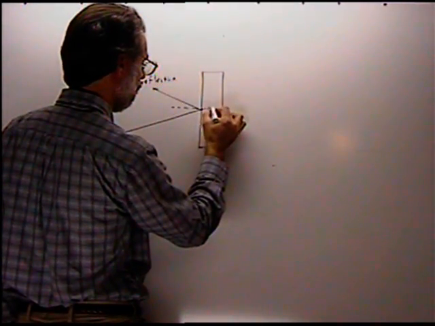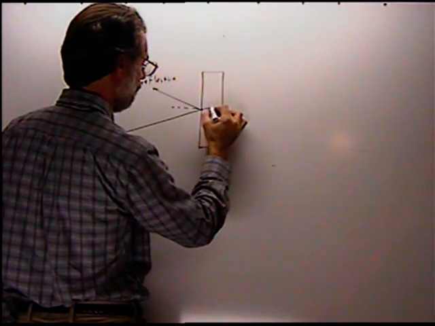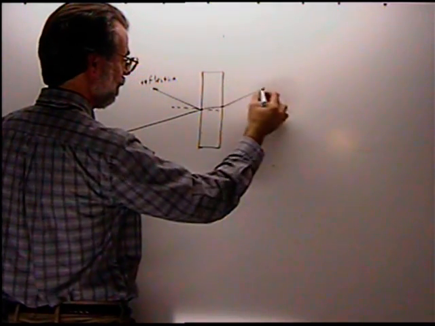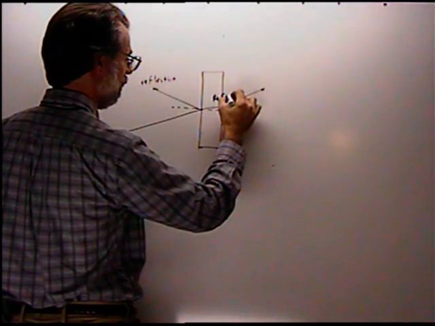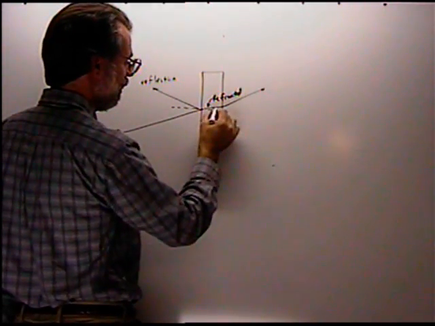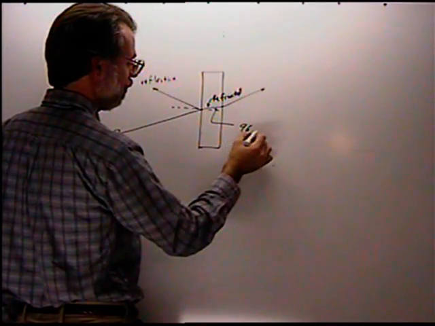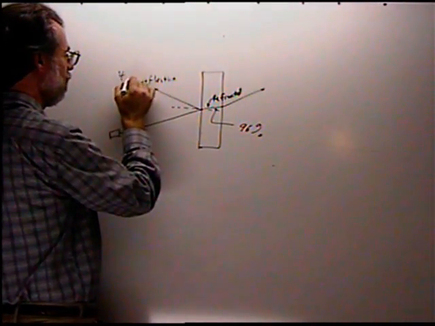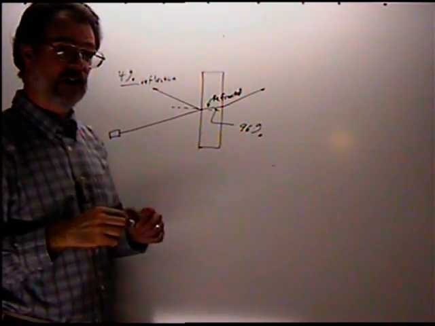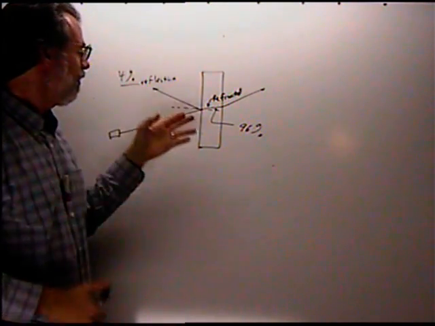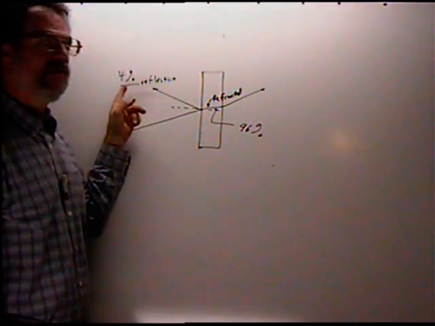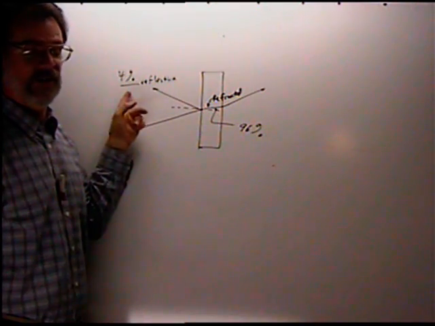But we also get a refraction, and then the light ray comes through here. The ray is refracted, and then it bends back out. So this is the refracted ray. Remember, percentage-wise, this ray here is about 96% of the energy, and this one is about 4%. It really depends on the polarization of the light ray, which we haven't really talked about yet. But this explains why when you look through a piece of glass, you do see a reflection, but it's a very weak reflection, only about 4%.